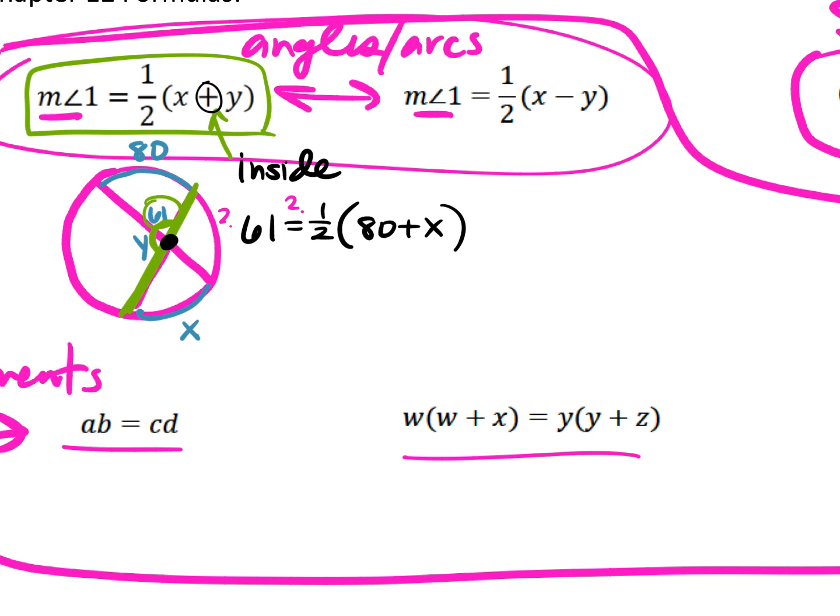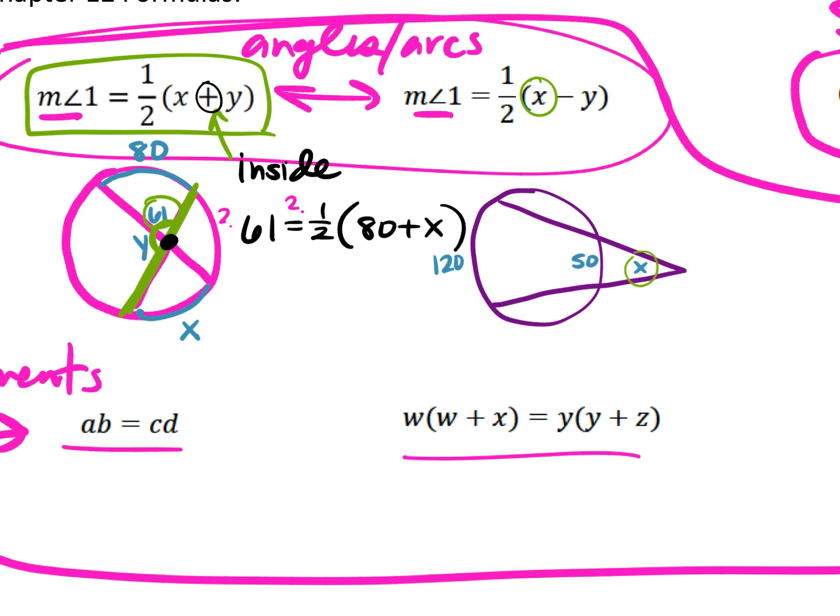The other one, if you have a circle and it looks more like this, if I tell you this is X and this is, let's say this is 120 and this is 50, just be careful in this situation.